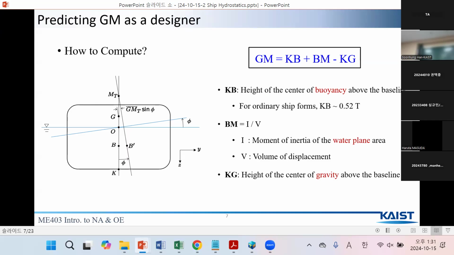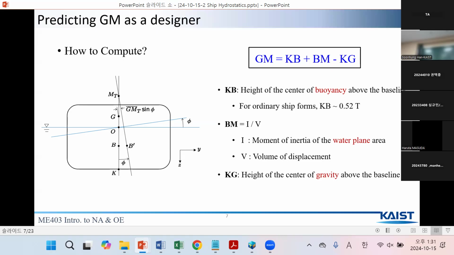So by knowing the V, the heeling angle, you can calculate by your hand or by using a computer. Because the design is there. In the drawing or in the CAD system, the shape of the ship is drawn by myself, the designer. So you can calculate B or B prime.